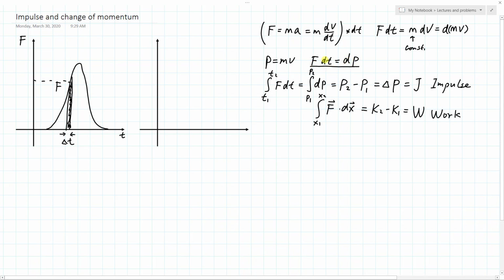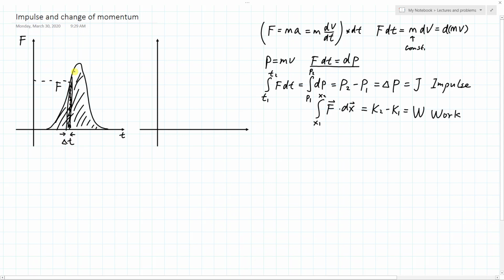So the impulse of this entire collision will be equal to the whole area. So the impulse due to this small duration of collision, the contact, is equal to this area. So this whole area is equal to the total impulse or total change of momentum.